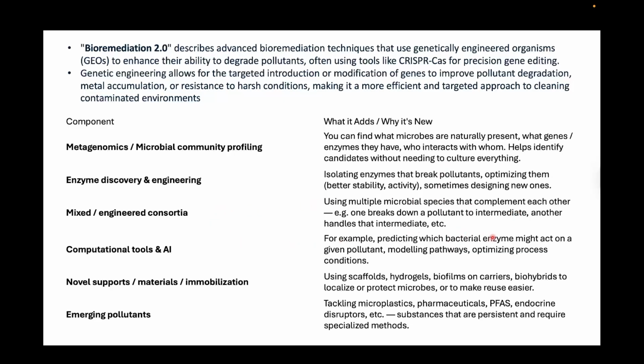One breaks down a pollutant to an intermediate, another handles the intermediate, etc. For example, using computational and AI tools for predicting which enzyme can reduce a pollutant, and immobilization materials like scaffolds and hydrogels for making it reusable, and biohybrids for better availability, and tackling emerging pollutants like microplastics and pharmaceuticals.